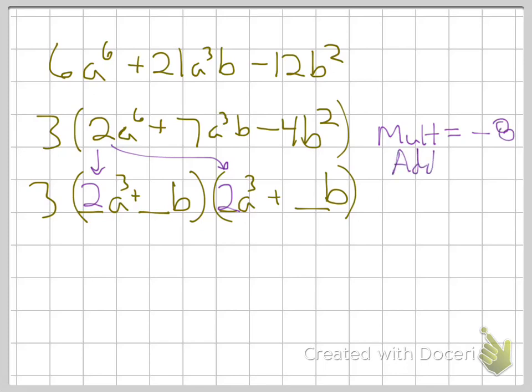Add to what? 7, right? Not to be confused with multiplying to 7 and adding to -8, which would be completely different. What numbers do you want to use if you multiply to -8, add to 7? 8 and -1. 8's bigger, it's positive, so we like that. So 8 and -1.